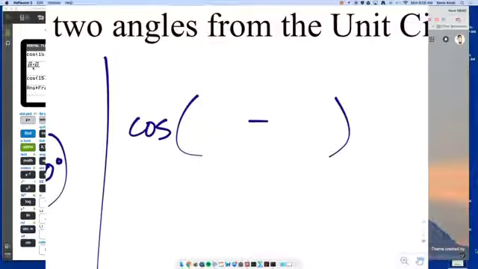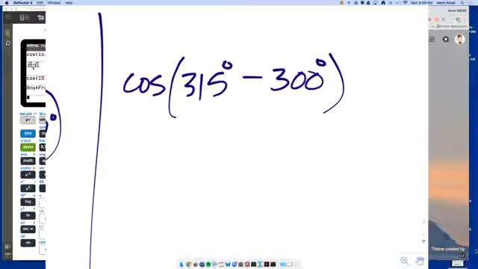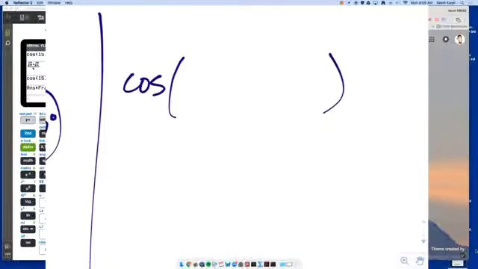Let's choose some crazier ones from a different quadrant. How about 315 minus 300? Are those both on the unit circle? Yeah, they are. They're both in quadrant 4. Let's choose some different ones because those have positive cosine values. Well, those will work.